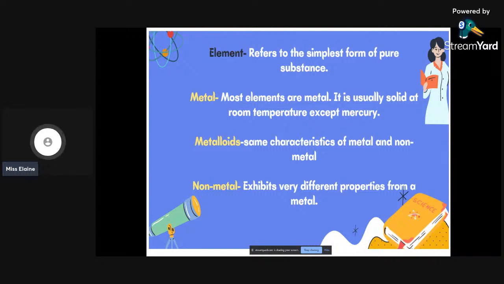Non-metals exhibit very different properties from metals; they are the opposite of metals. Examples of non-metals are oxygen, nitrogen, carbon, and chlorine.